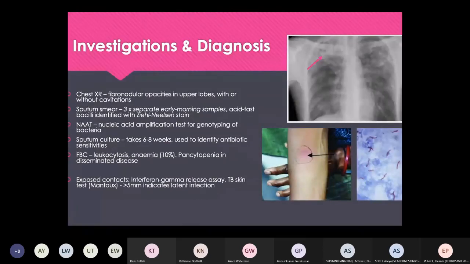Yeah, so just imagine that you're meeting someone in clinic and they're coming in with this cough. And at the moment we have our suspicions, but we've got no idea what they've actually come in with. So chest x-ray would definitely be your first investigation. Pretty much anyone presenting with a long-term chronic cough, that's one of the first things that you'd want to do.